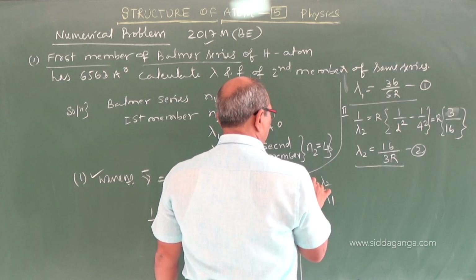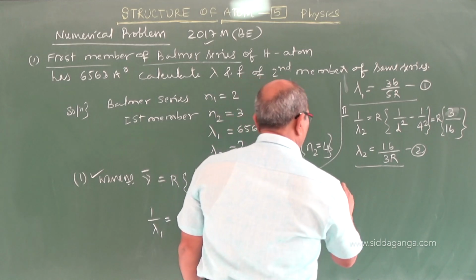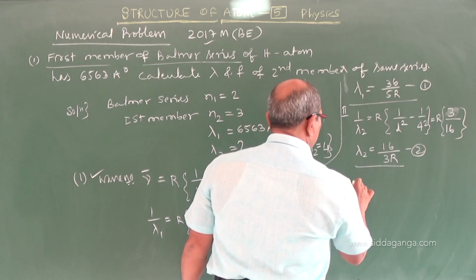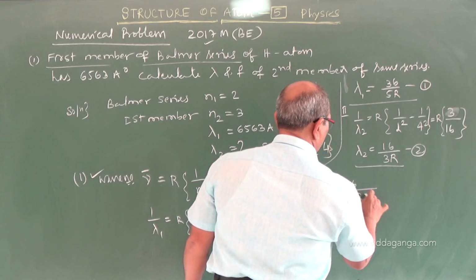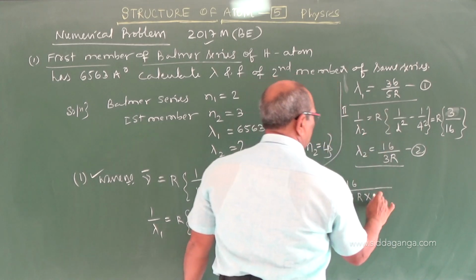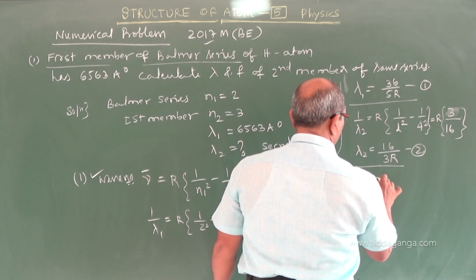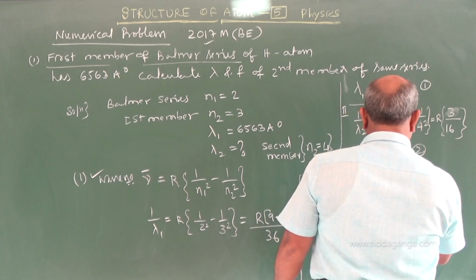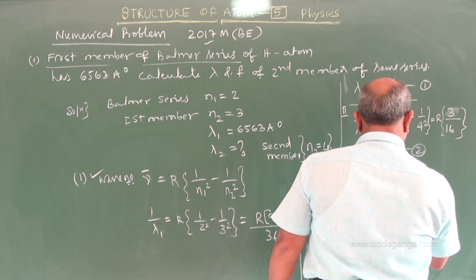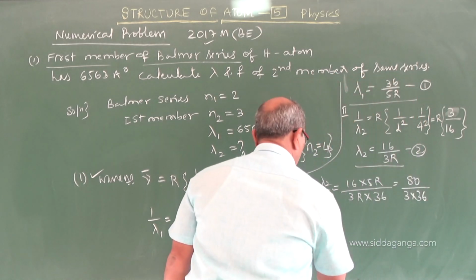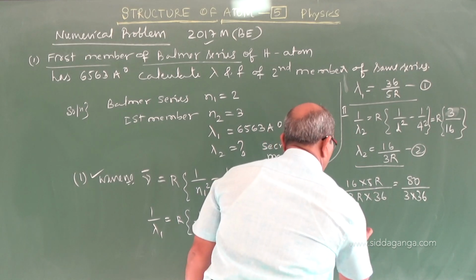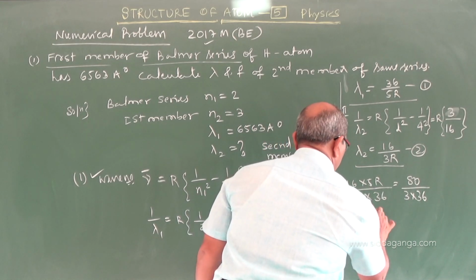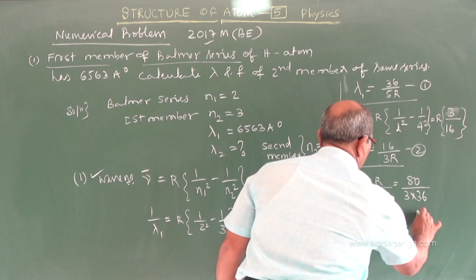And third step, lambda 2 by lambda 1. Lambda 2 is 16 by 3R into 5R by 36. R gets cancelled. 80 divided by 3 into 36, or lambda 2 is equal to 80 into 6563, in terms of angstrom.